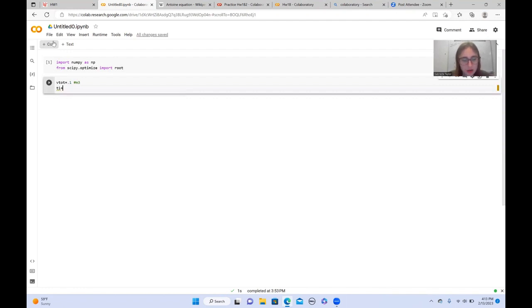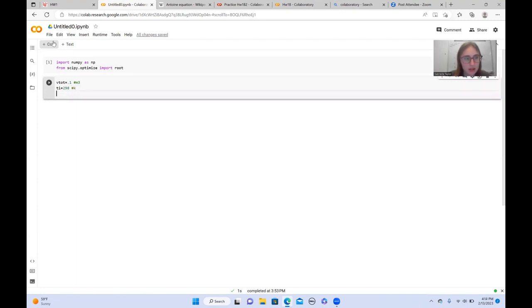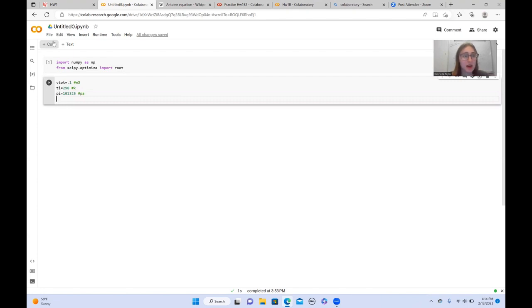Our TI is going to equal, in Kelvin. Then we have our initial pressure, PI, and then we have our mass of H2O, which is 1 gram.